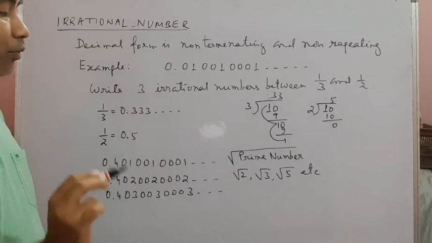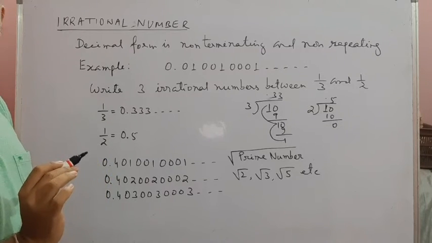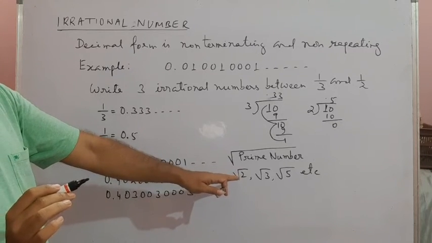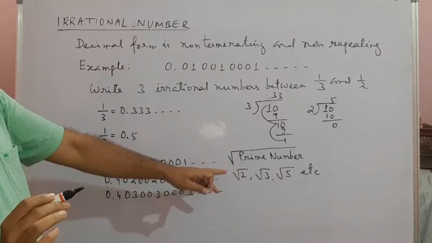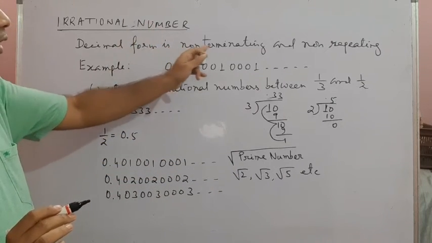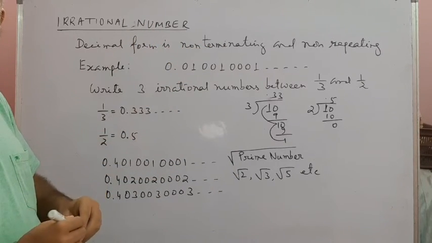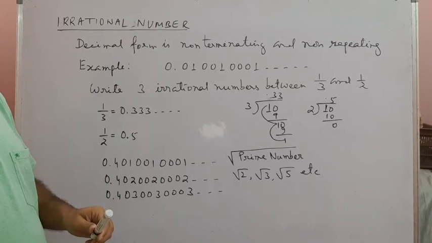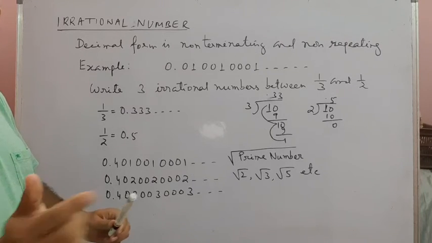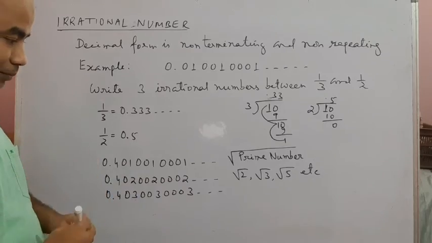The square root of any prime number is always irrational, because when you try to find the square root by long division method, your answer will be a non-terminating and non-repeating decimal, which I explained in a video. The decimal form part 2 you can see in that video.